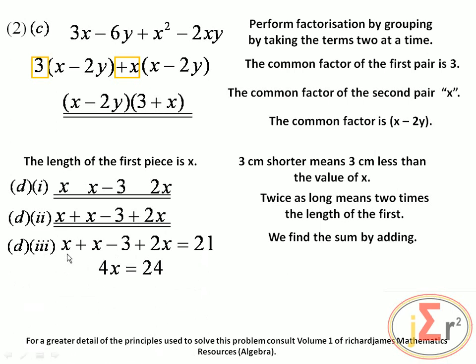All the x's together, x plus x plus 2x, that's 4x. And this negative 3, by transposition on the other side, we will have a positive 3. 21 plus 3 is 24. 4x is equal to 24. And x is equal to 6, dividing both sides by 4.